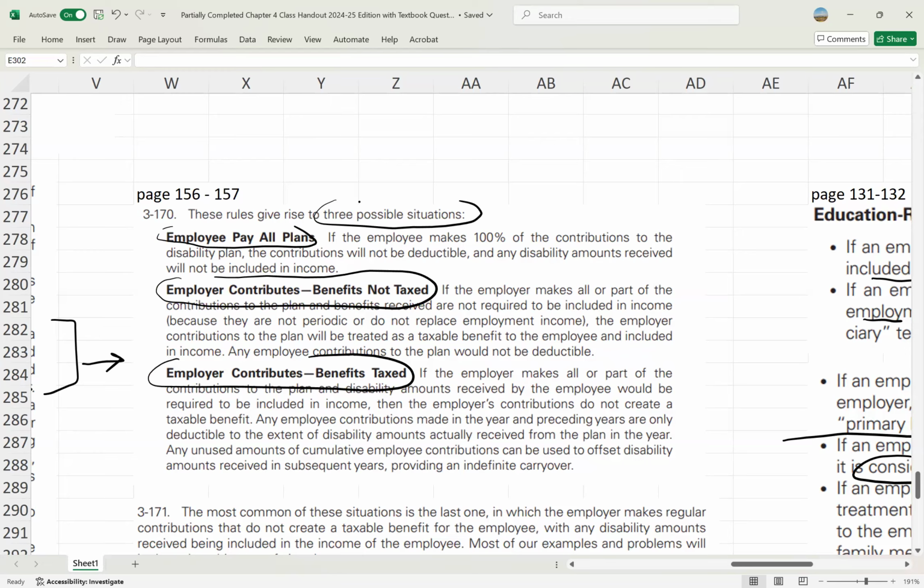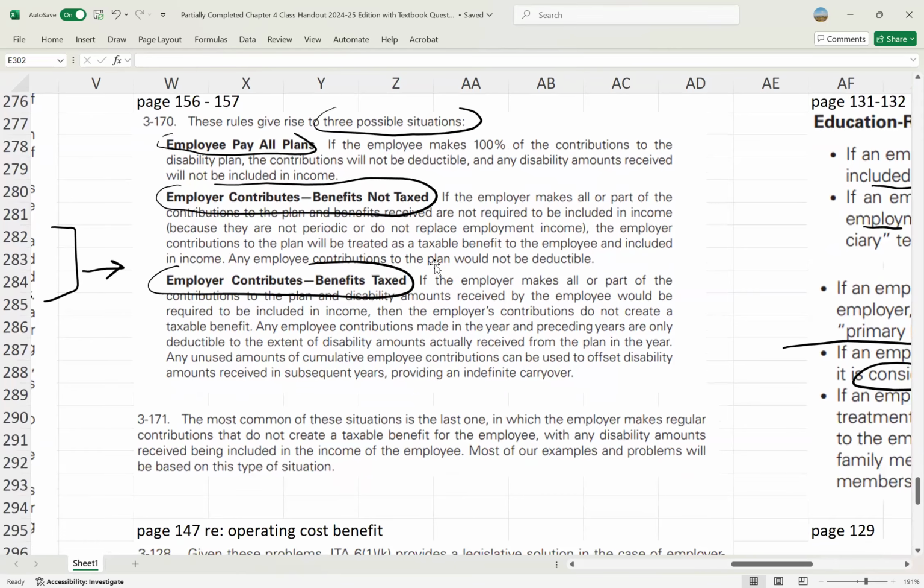So kind of confusing, but the text makes it easier. They tell us that the most common type is the last one. This is the most common type of plan that you're going to see in the majority of disability plans that companies offer their employees.